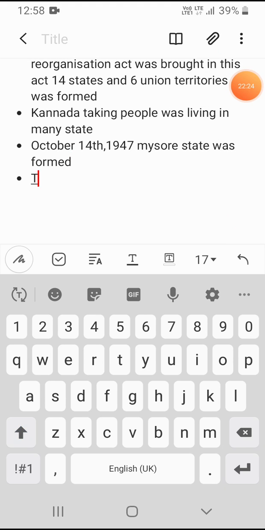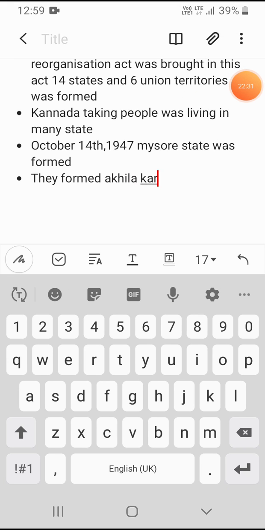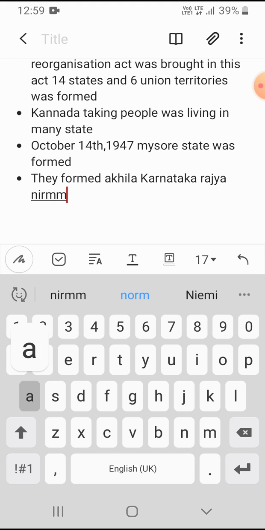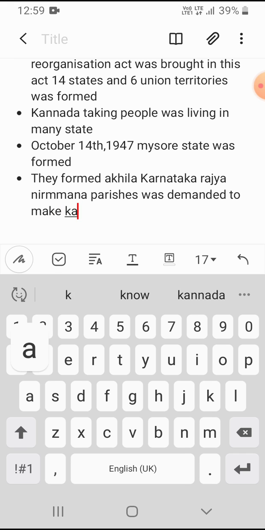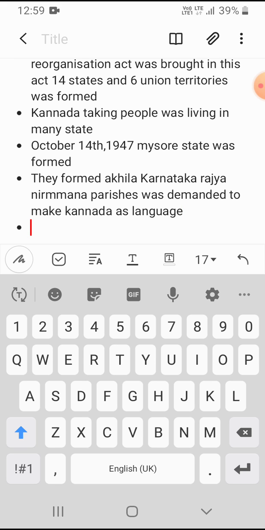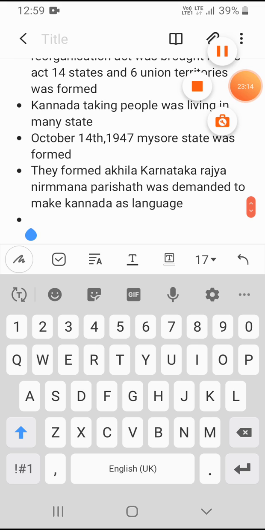After that, they formed the Akhila Karnataka Rajya Nirmana Parishad, which demanded that Kannada be made the language of the state.